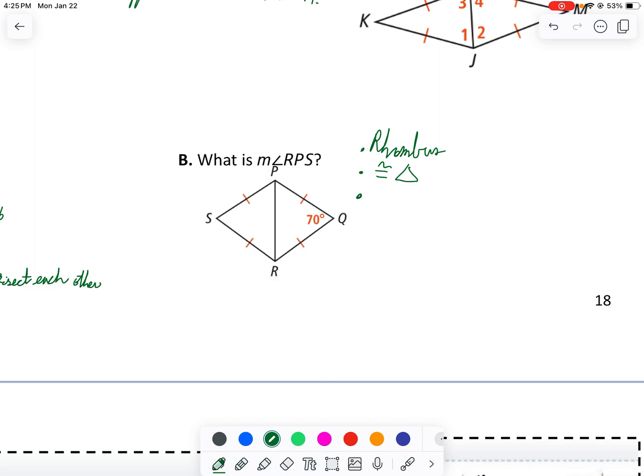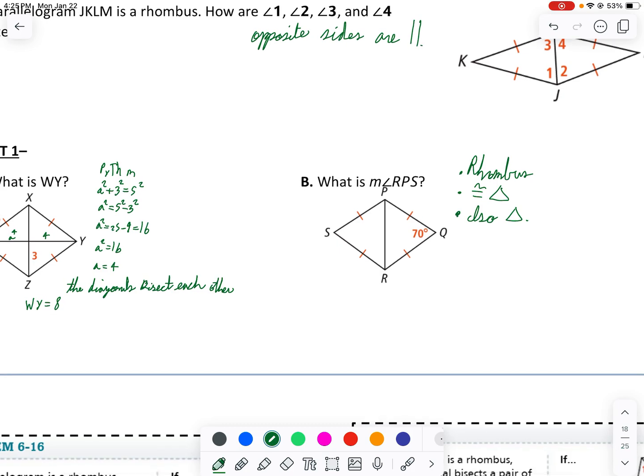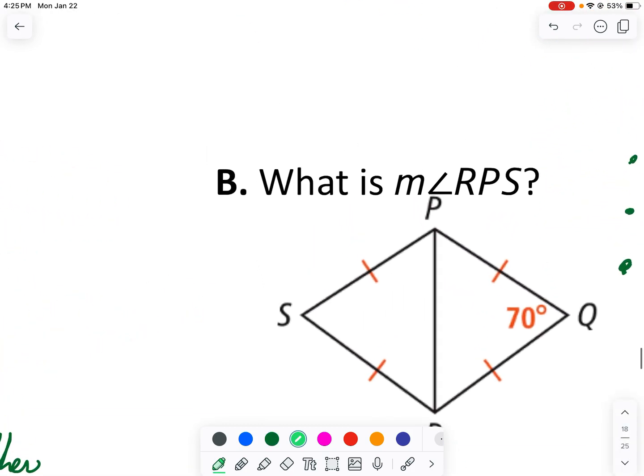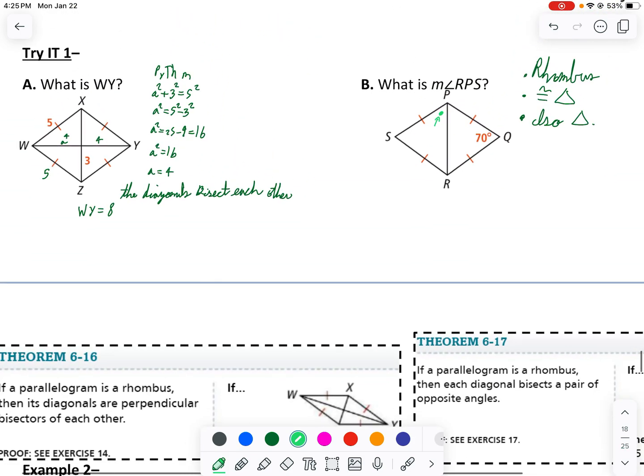In addition, you have a special type of triangle. Notice this triangle. And we've got isosceles triangles. Okay, so use that to find the measure of this angle. You're trying to find this angle right here. That one. Okay. All right, let's keep going.